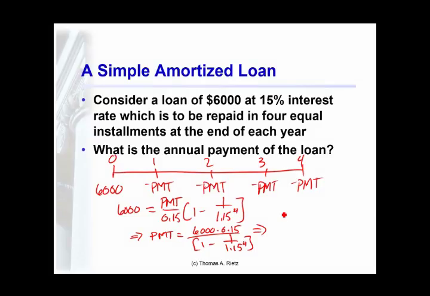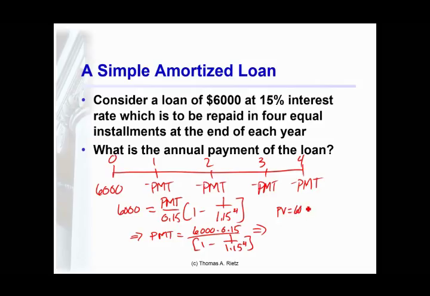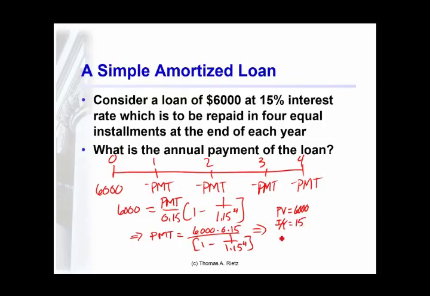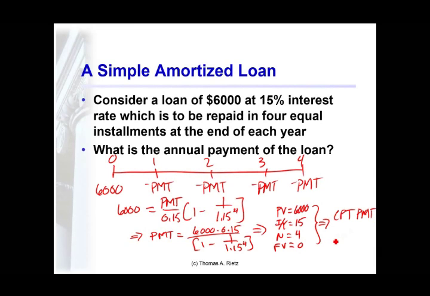Or if you want to use your financial calculator, you start out with a $6,000 loan, interest rate 15%, 4 years, you pay it down to 0, use that to compute CPT, the payment, and let's see what that gives you.